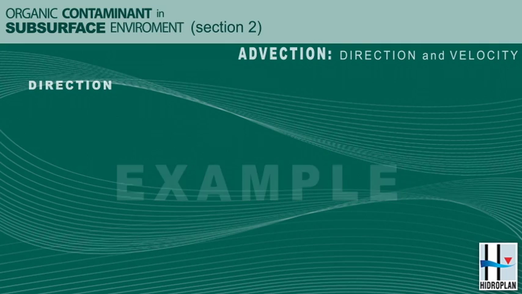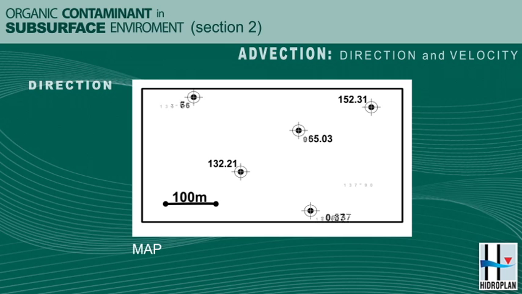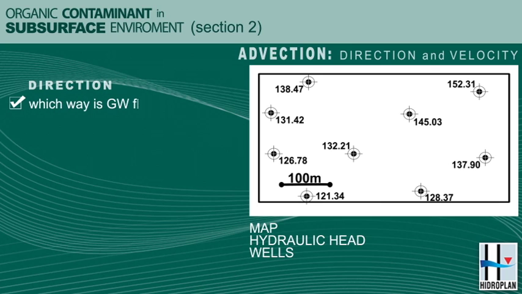Here's an example. If we have a map of an area in which the hydraulic head of different wells is produced, as you see here, and if we ask ourselves, which way is the groundwater flowing?